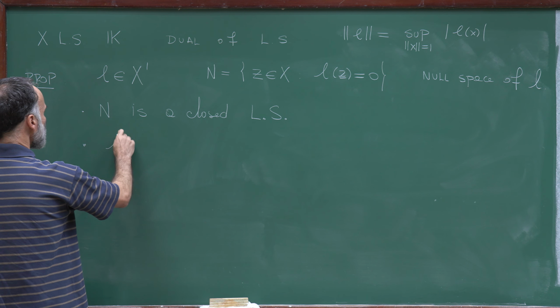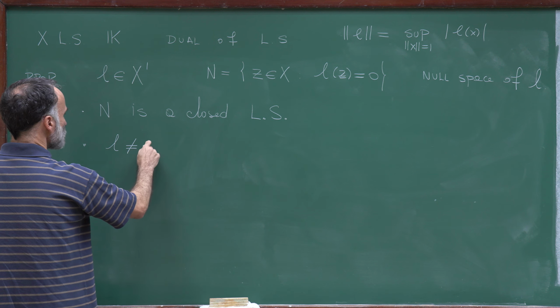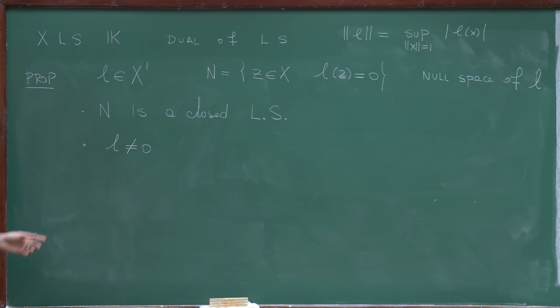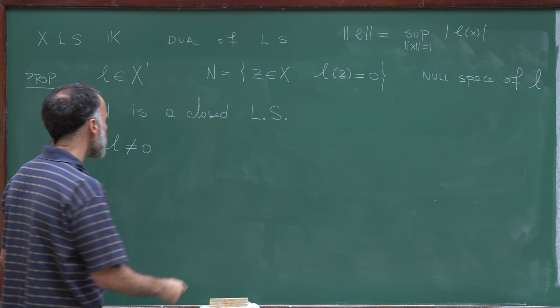So assume that L is different from 0. Now, if L is different from 0, what I'm claiming is that the codimension of this null space is 1. That means the following.